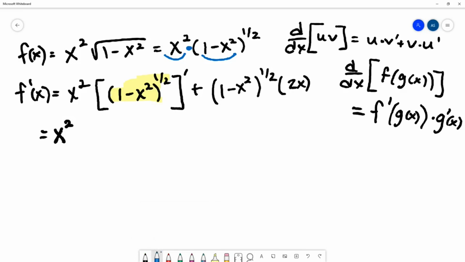We've got our outside function, the 1/2 power, and we want to calculate the derivative on the outside function first. With it being a power, we're going to follow the power rule. The power becomes the coefficient, and the new power is 1 less than the old power, so it's negative 1/2.